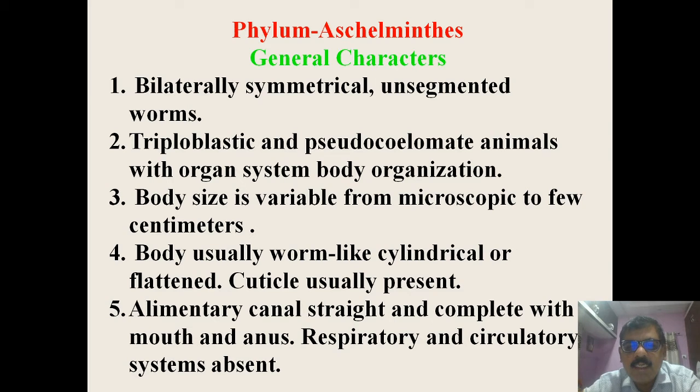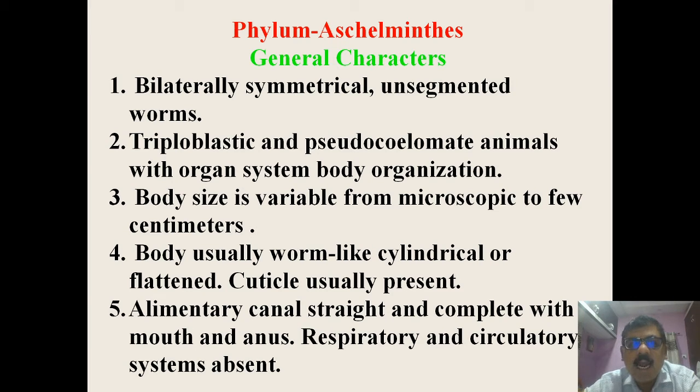The body size is variable, from microscopic to a few centimeters. The body of Aschelminthes is generally worm-like, cylindrical or flattened, and the cuticle is present on the surface. The alimentary canal is straight and complete, with mouth and anus.